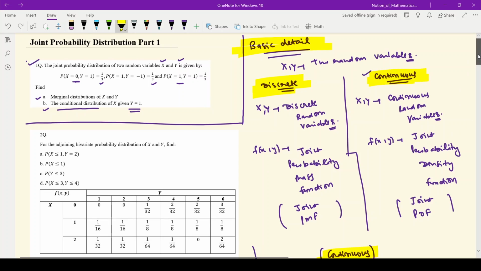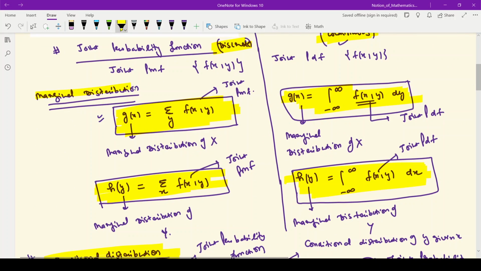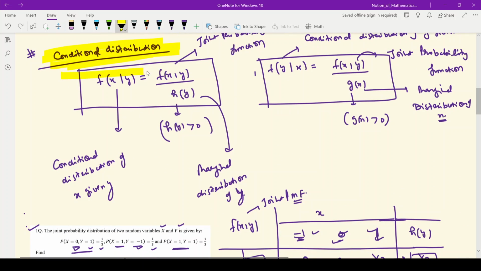Thereafter, the next thing was marginal distribution in the discrete and continuous approach. After that, I discussed conditional distribution, and for that purpose I wrote two formulas, x given y and y given x.